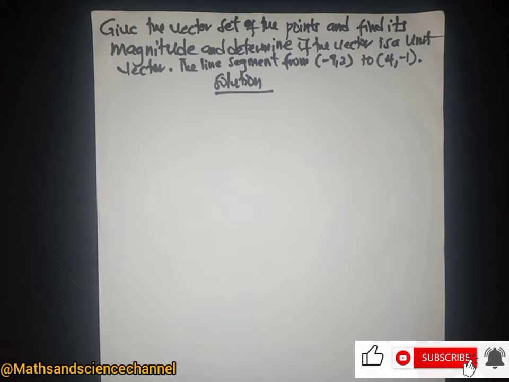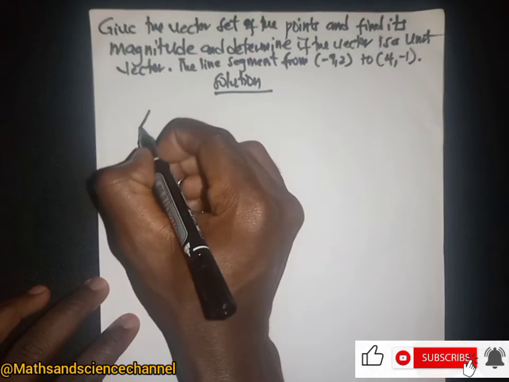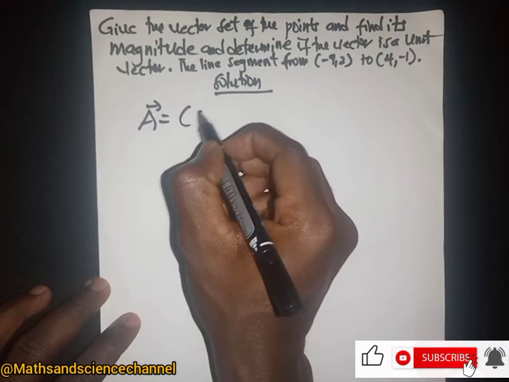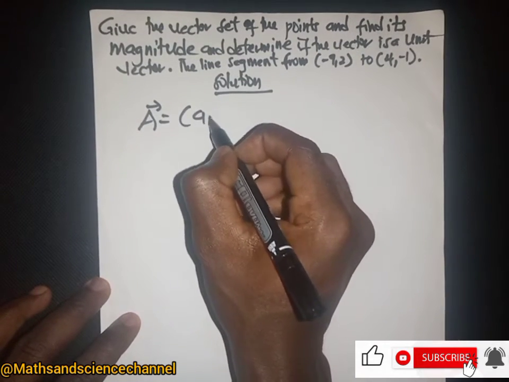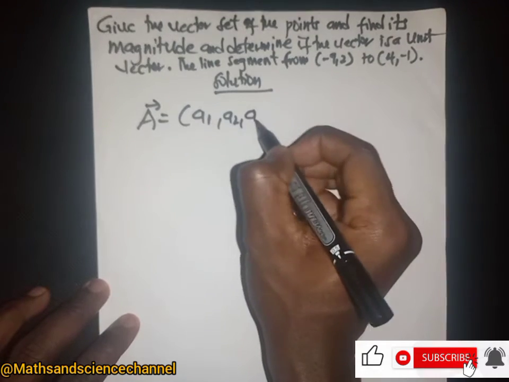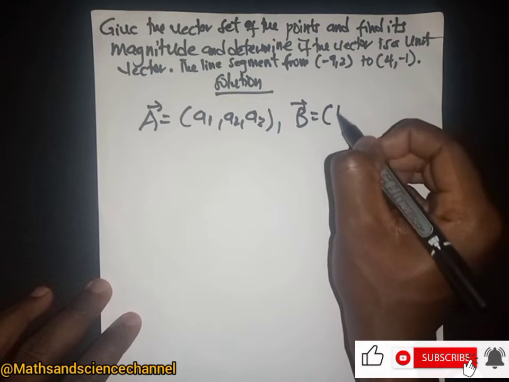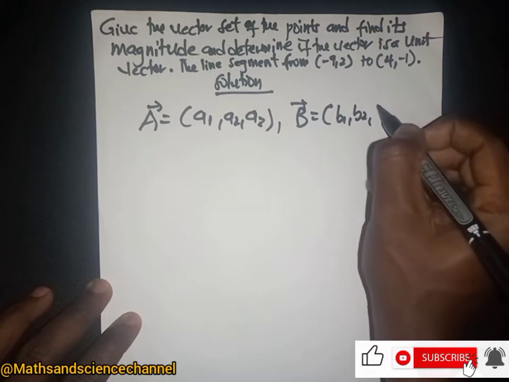Let's take for instance, if you have vector A with coordinates a1, a2 and a3, and you have another vector B with coordinates b1, b2 and b3.